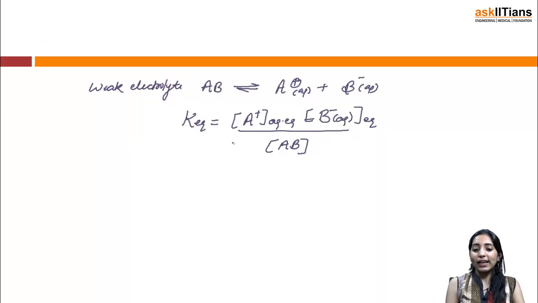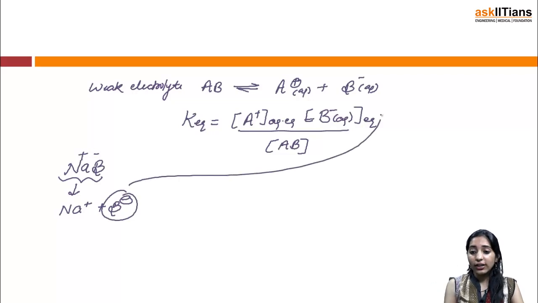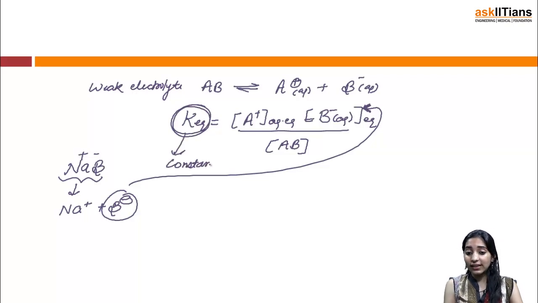For more explanation, I can say that, let me now add a strong electrolyte NaB. If it's a strong electrolyte, that means if I dissolve it in water, I'll get Na positive and B minus. Now B minus from a strong electrolyte I am adding to the solution. That means the concentration of B minus here will get increased. But it doesn't matter whether the concentration of B minus is increased, because one way or the other we have to keep the value of K equilibrium constant, since it is only a function of temperature.